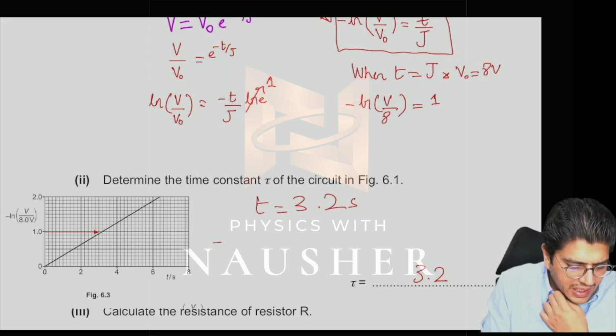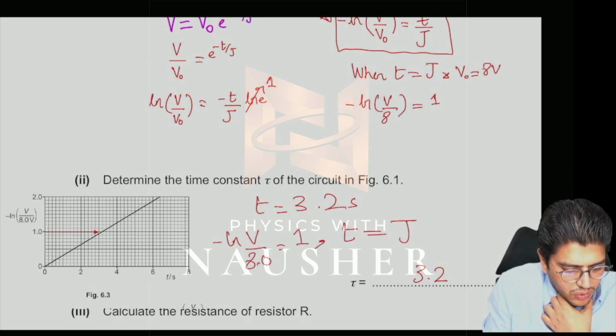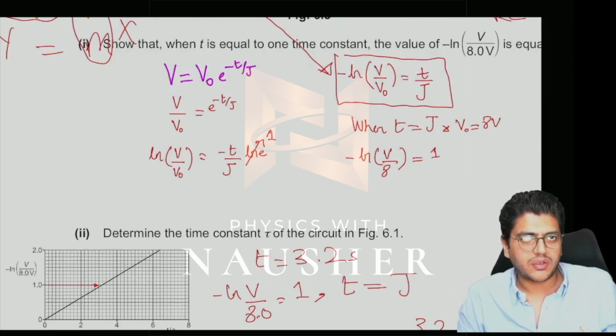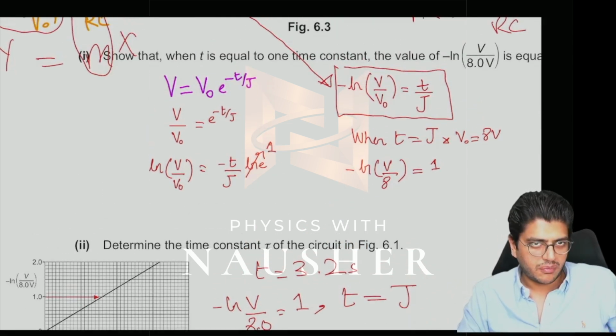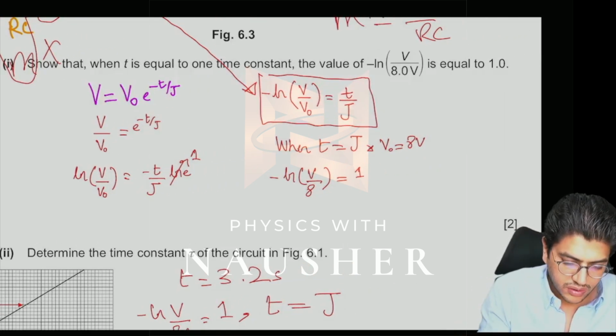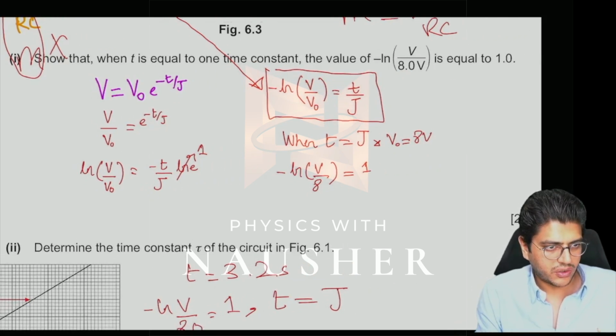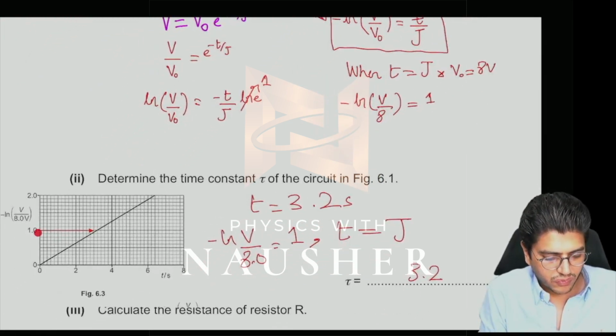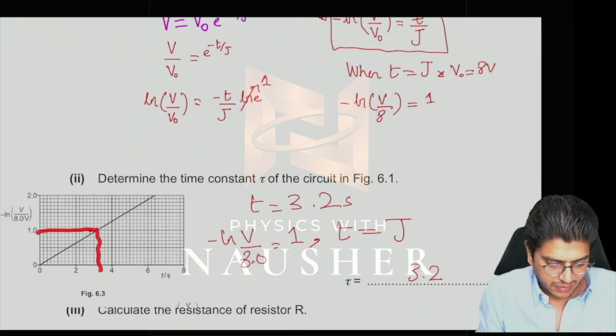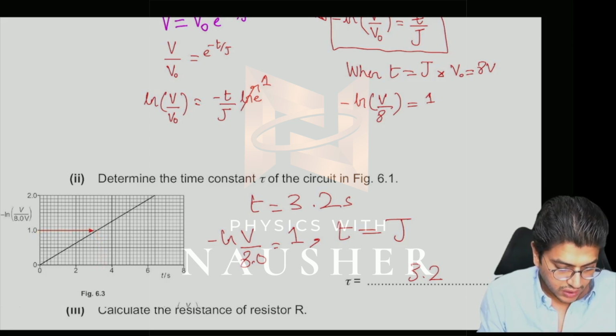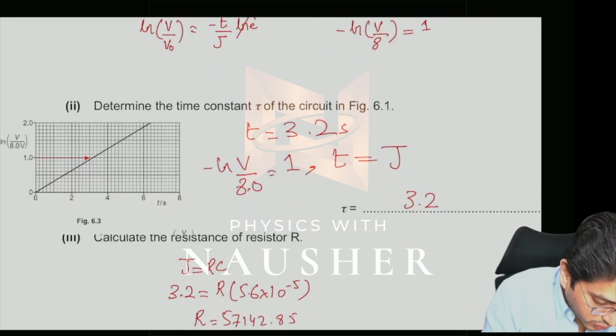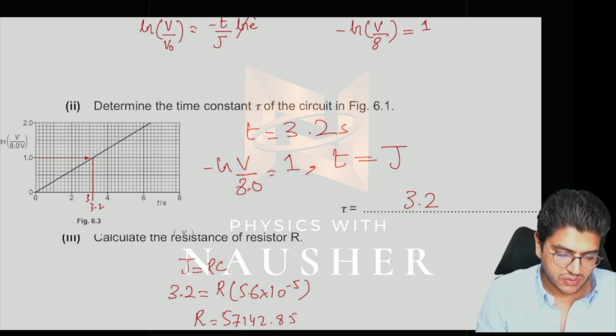And when minus ln V over 8 was equal to 1, did you not say that t is equal to tau? Isn't that what they were saying? When t is equal to tau, minus ln V over 8 is equal to 1. So now you're reversing the logic and you're saying, well, when minus ln V over 8 is 1, then the time, whatever time I'm getting, the time is 3.2 seconds. If you look at it from here, this is 3, this is 3.2. So the time is 3.2 seconds, and this will be equal to one time constant.